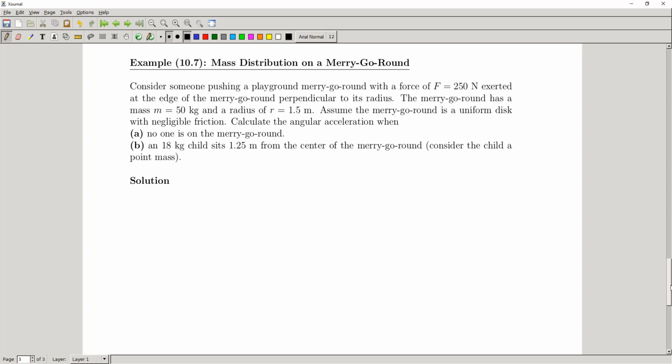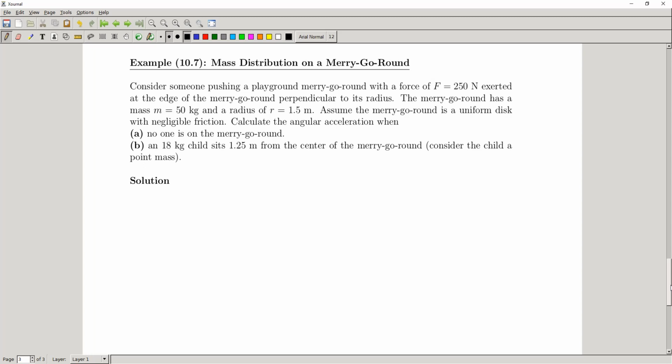So let's read the problem. Consider someone pushing a playground merry-go-round with a force of F equals 250 newtons exerted at the edge of the merry-go-round perpendicular to its radius. The merry-go-round has a mass of m equals 50 kilograms and a radius of 1.5 meters.